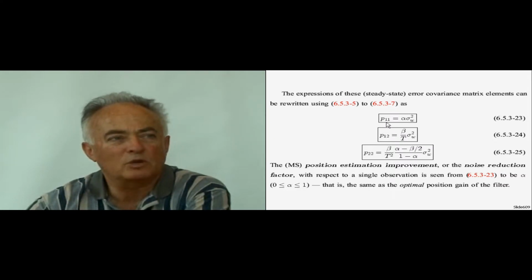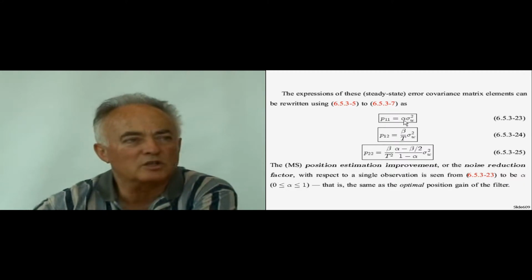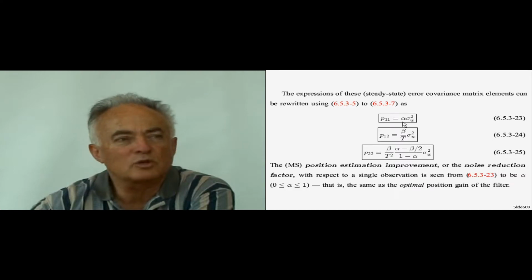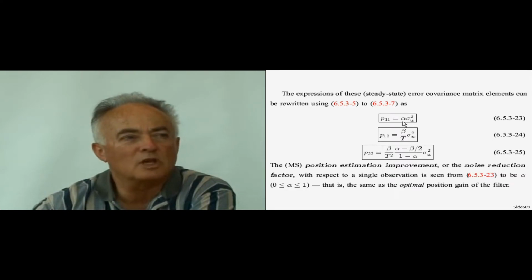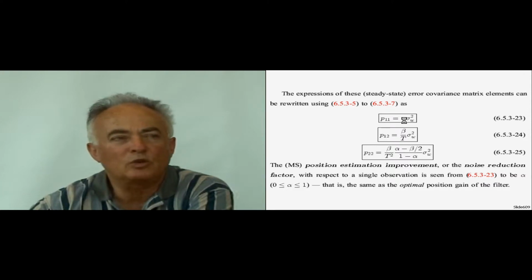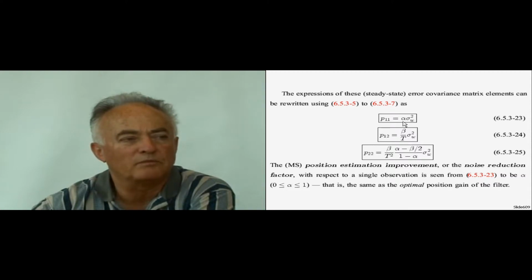So putting back those solutions, the P11 is alpha sigma W square. So the position gain turns out to be also, when chosen optimally, when all the assumptions of the model hold, going to yield, this is a number that is between 0 and 1, the position estimation improvement or noise reduction factor with respect to single observation.